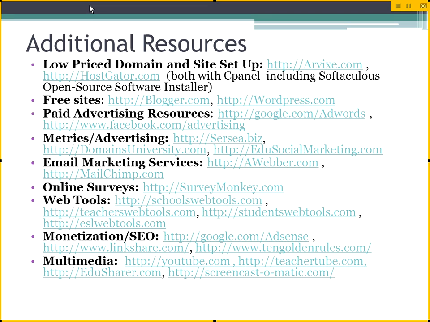Here are some metrics: advertising sites, and email marketing services like MailChimp.com. Whatever you do, if you want to just try it out, go to MailChimp. You can send newsletters to up to 2,000 people for free, and up to 12,000 outgoing messages in one month for free.